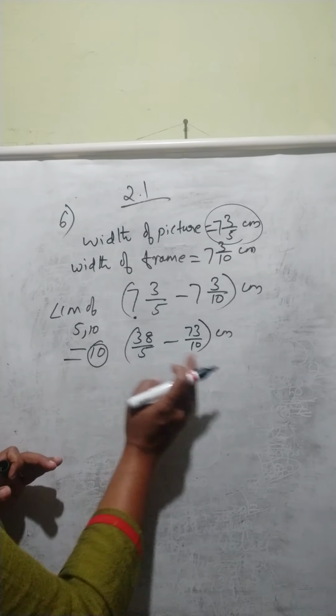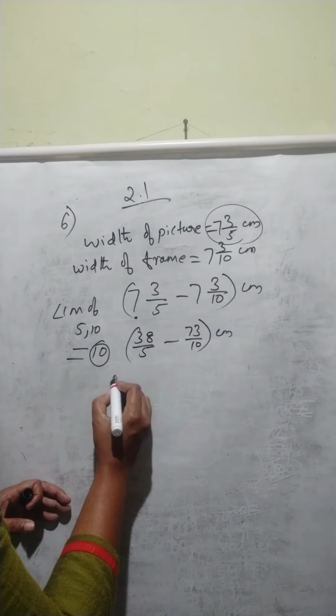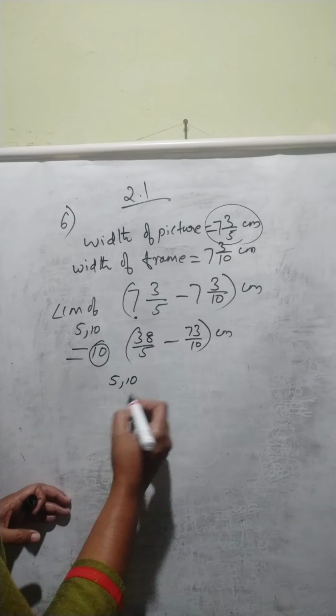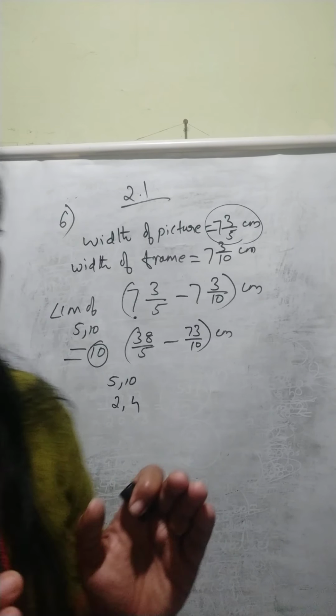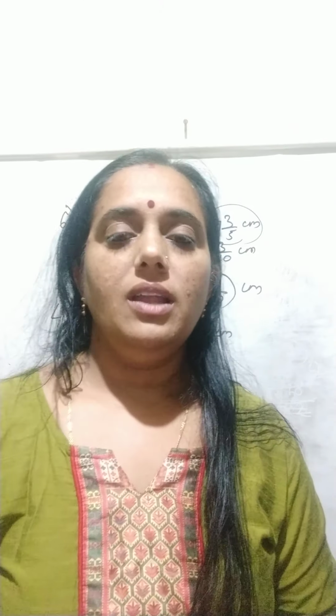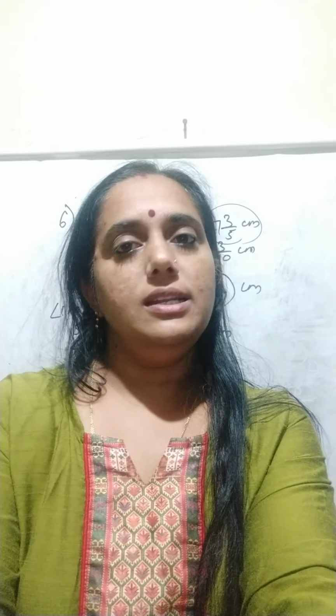But now let's think about two numbers here, 5 and 10, or 2 and 4. If two numbers are given and one number is a multiple of the other number, the larger number itself is the LCM. So here, example 5 and 10: 5's table has 10, also 10's table has 10. So 10 will be the LCM.